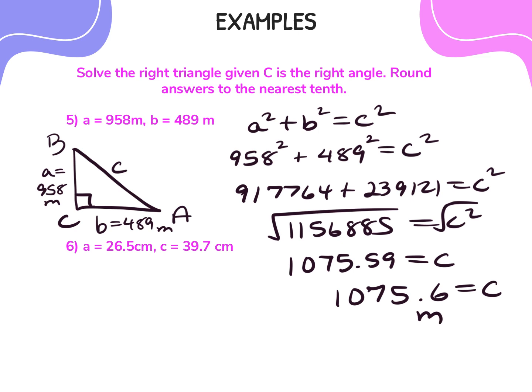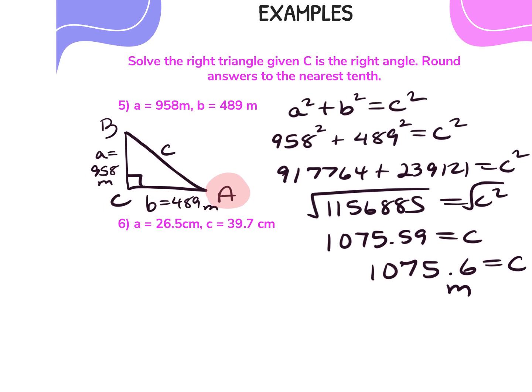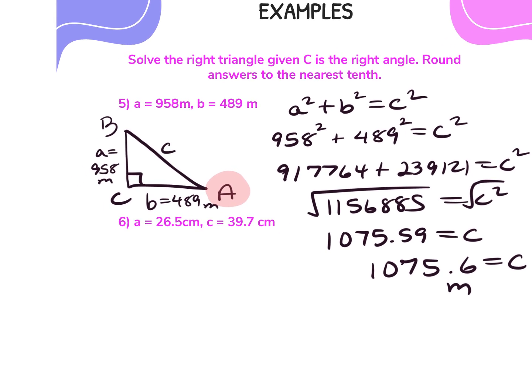Now, to find the angle measure, I'm using the original sides. So I'm going to find angle A first. So I'm going to label my sides based on the angle I want to solve for first. You could do B as well. It doesn't matter. So C is the hypotenuse.